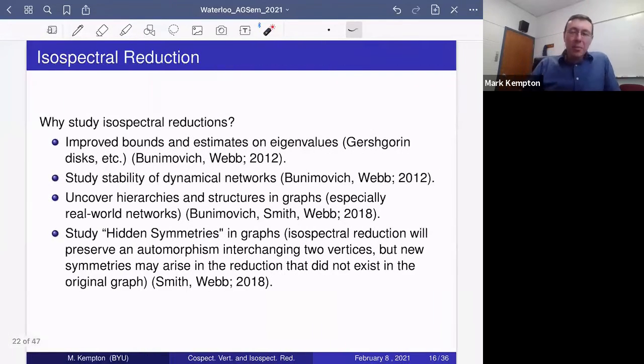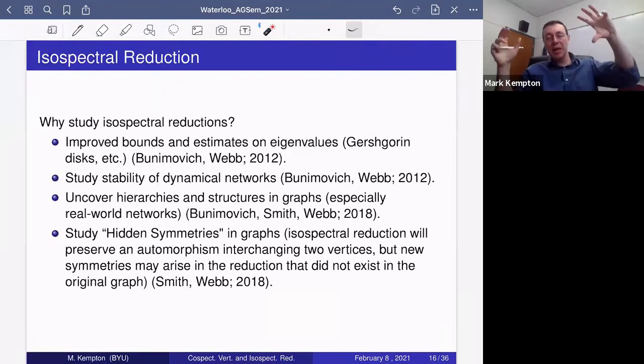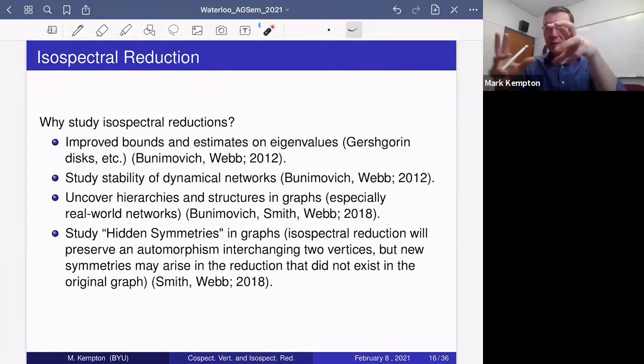And then to me, the most interesting use of these isospectral reductions has been to study what have been termed hidden symmetries in a graph. So often what happens is you'll have a graph without any symmetry, and you'll compute the isospectral reduction down to some subset of the vertices.